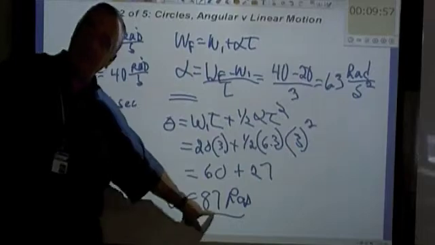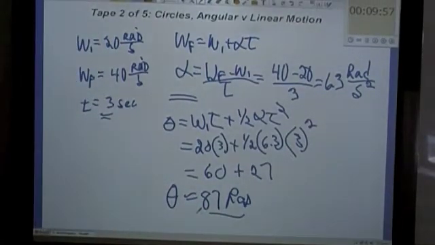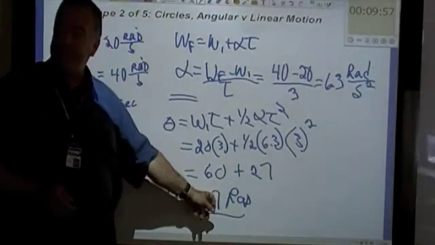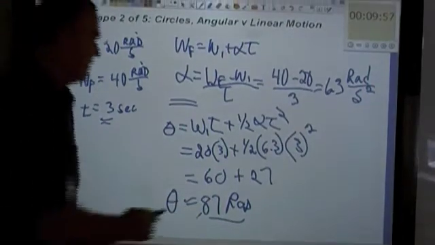How would I change that to revolutions? You just divide it by 360? A 360 gives me degrees. I want revolutions. How many radians in a revolution? 360? No, those are degrees. Two pi. So if I got 87 radians and there's 2 pi radians in a revolution, I divide by 2 pi.